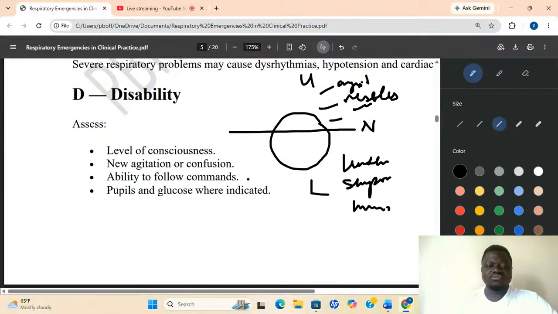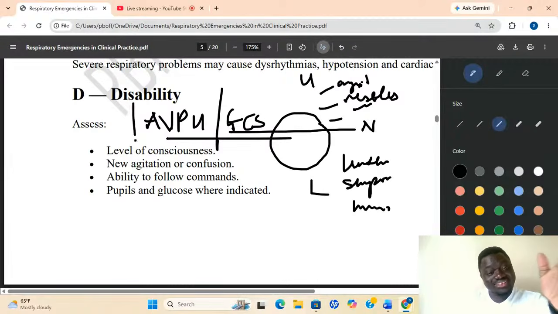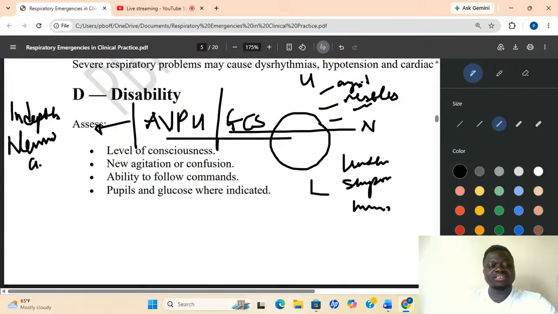But if you want to know properly what the brain is doing in an emergency, go with your AVPU. I've told you this. Or the GCS in emergency. When the patient becomes stable and they send the patient to the ICU for continuous monitoring, then you do your in-depth neurological assessment.